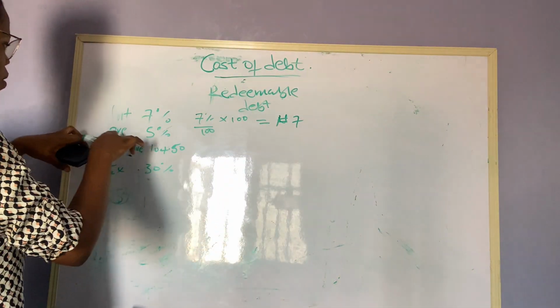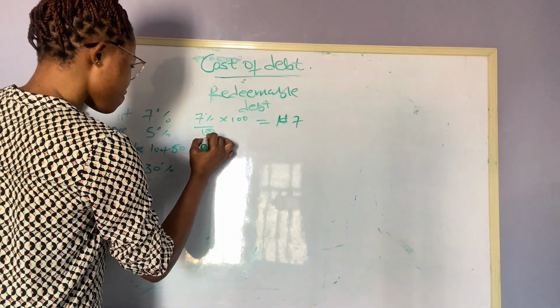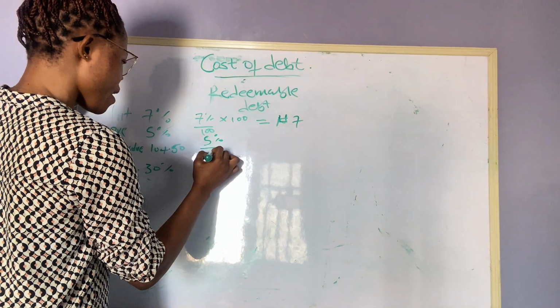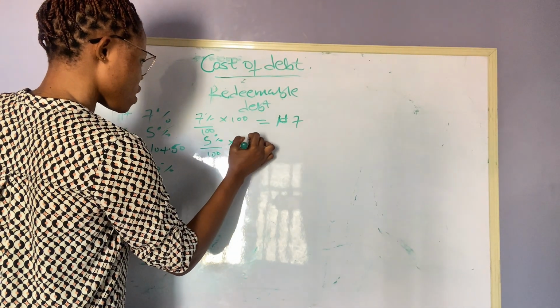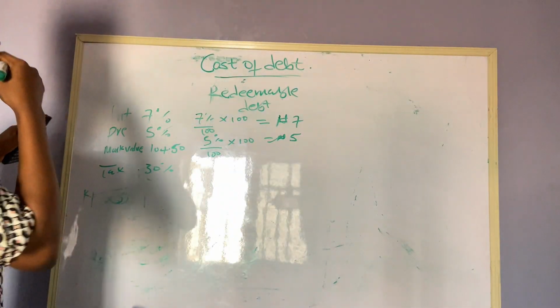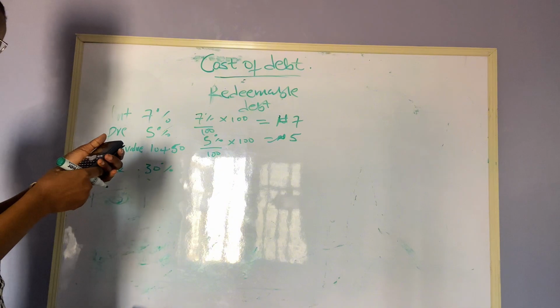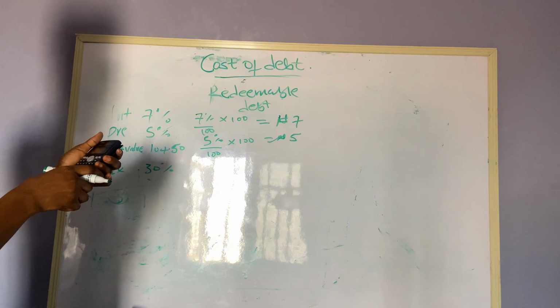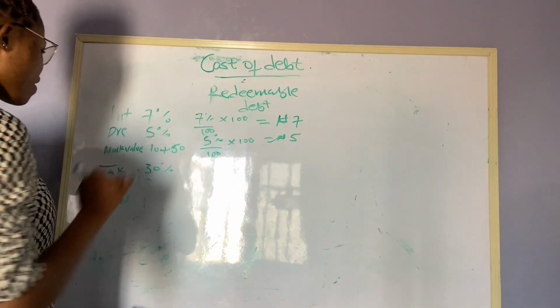Now we also come to the premium of 5%. We say 5% divided by 100 times 100. This will give us 5 naira.